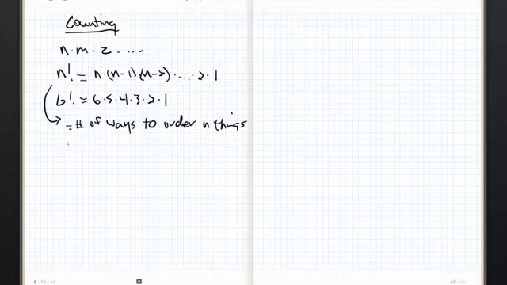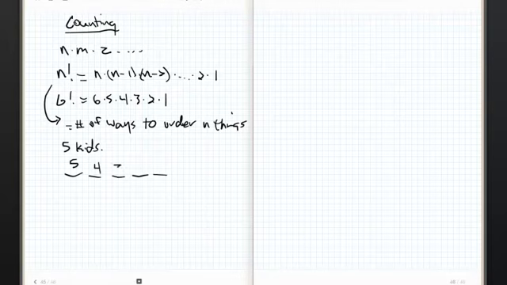So think about it this way. I'm going to use the fundamental principle of counting to prove that there are 5 factorial ways to do this. I've got 5 kids that I'm going to order. I'm going to line them up against the wall. How many choices do I have for the first kid? There's 5. How many choices do I have for the second?